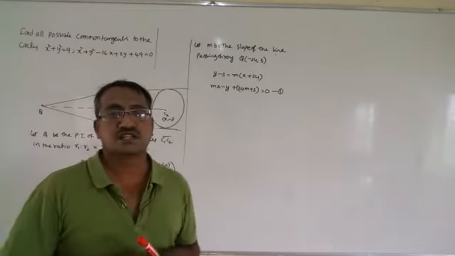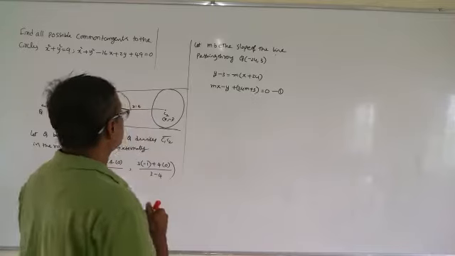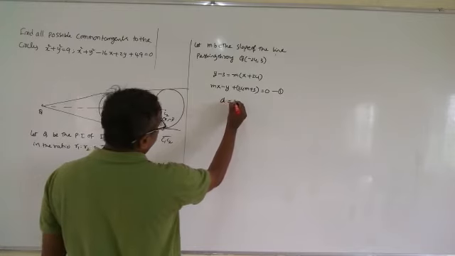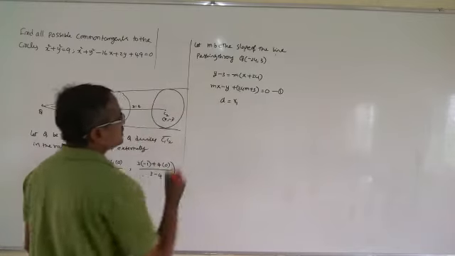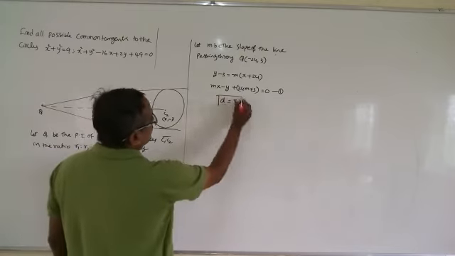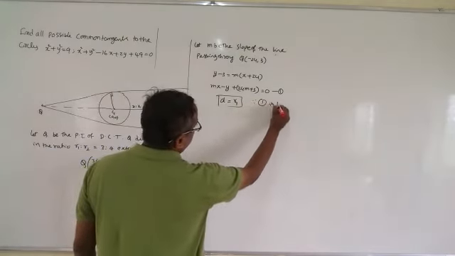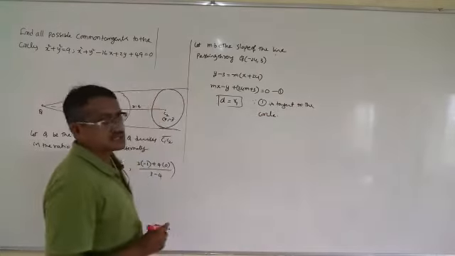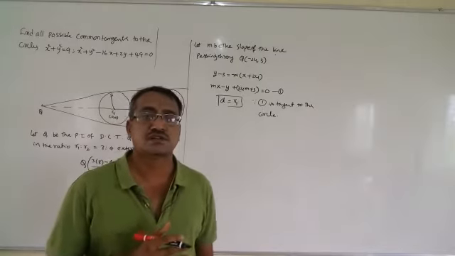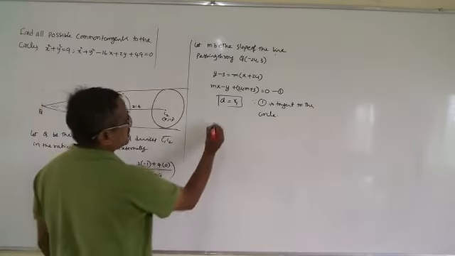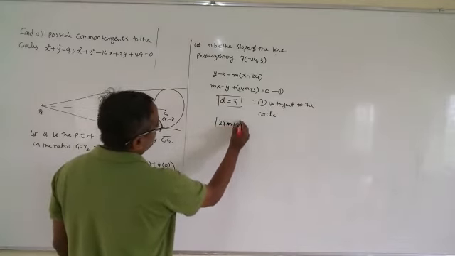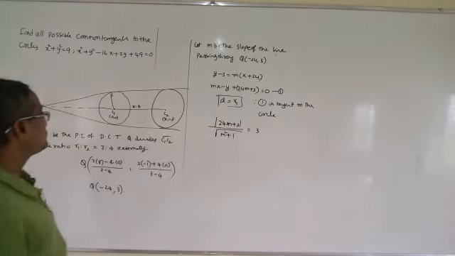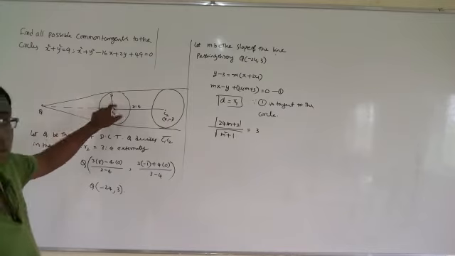Now this line is tangent to both the circles. So this implies that the perpendicular distance from the center to the line is equal to the radius, since equation 1 is tangent to the circle. So let us consider the perpendicular distance from center (0, 0) to the line, that is mod(24m plus 3) by root of (m square plus 1) is equal to 3, where 3 is the radius of this circle.